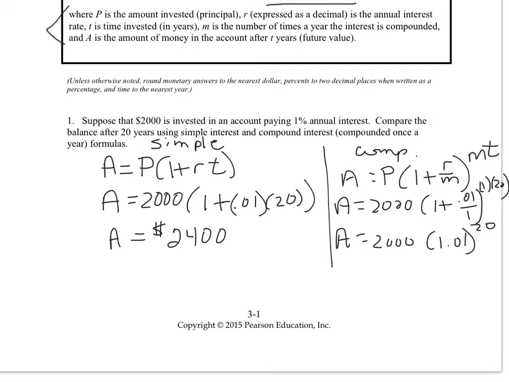So in your calculator, you want to put 1.01 first, raise it to the 20th power. You either will have a Y to the X key, or if you're using the graphing calculator, there is a little rooftop.